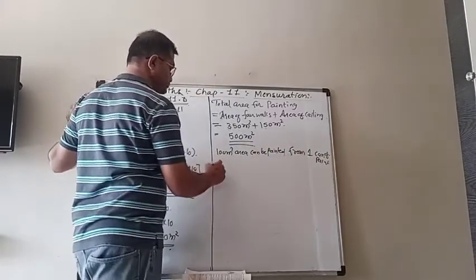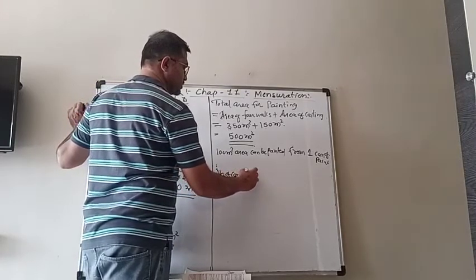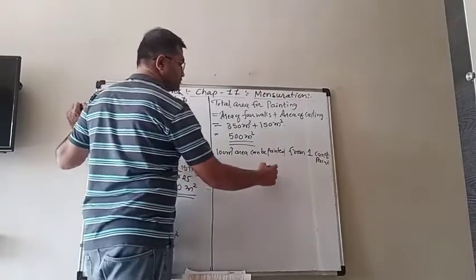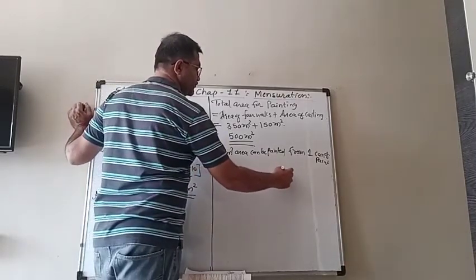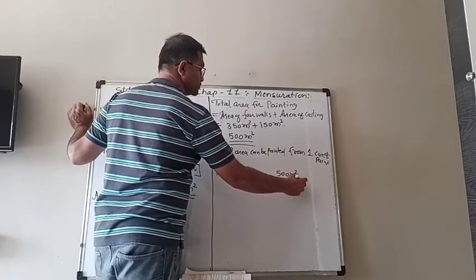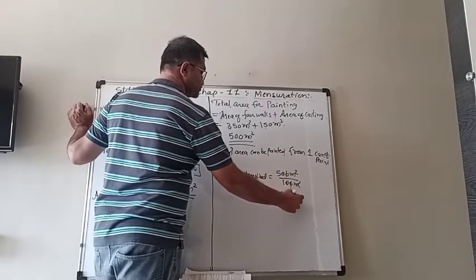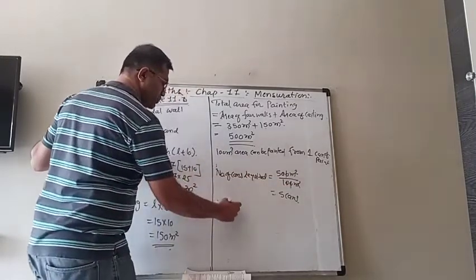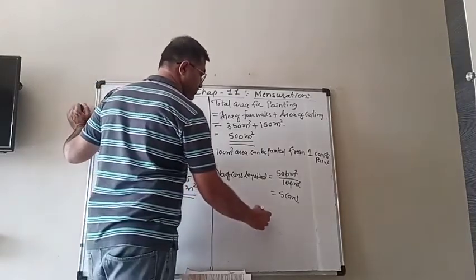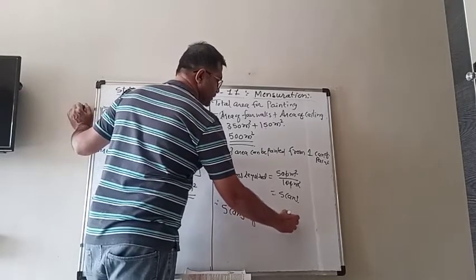Therefore, number of cans required is equal to 500 meters square upon 100 meters square. So that is 5 cans. So therefore 5 cans of paint are required.